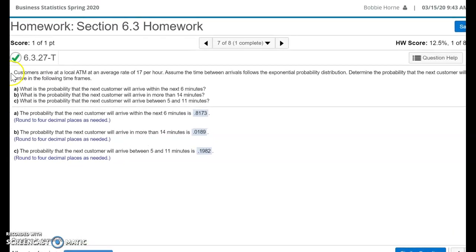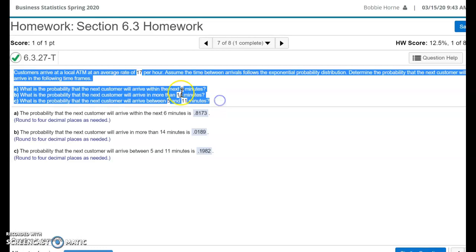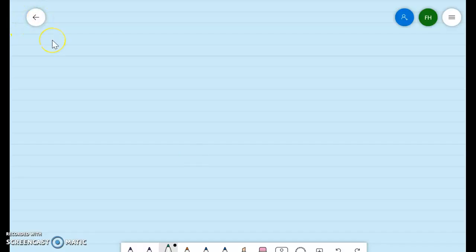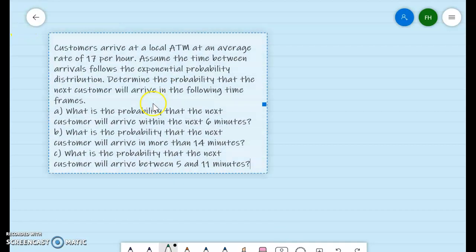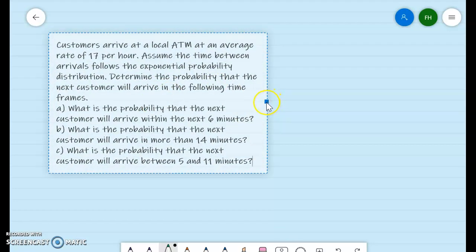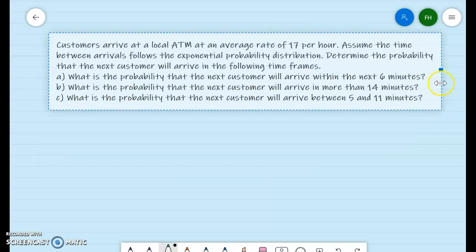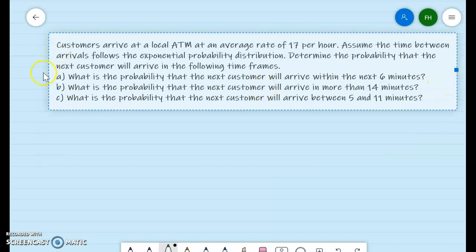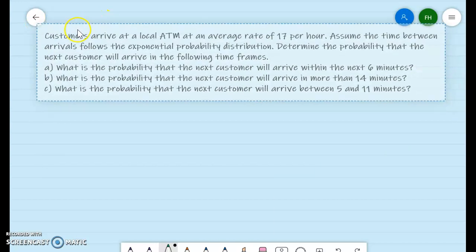So let's open up our notepad and look at this problem together. So let's start with the first part A. And so first of all, let's talk about our formulas.